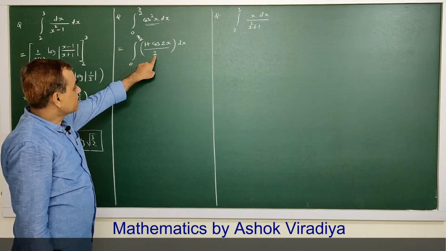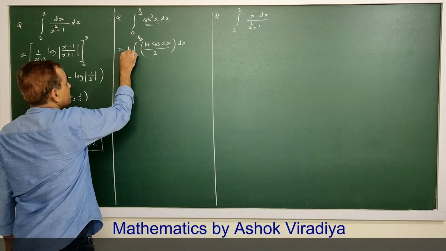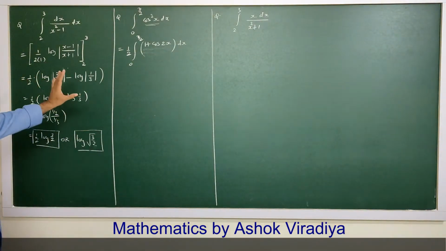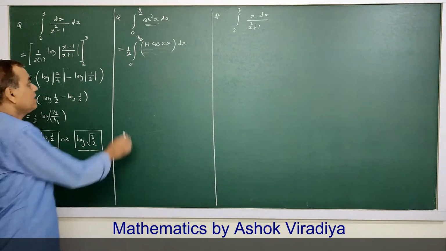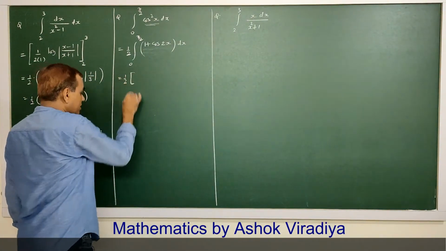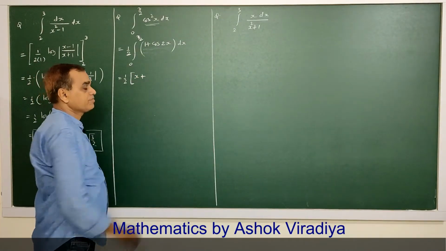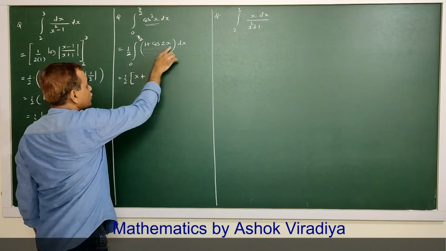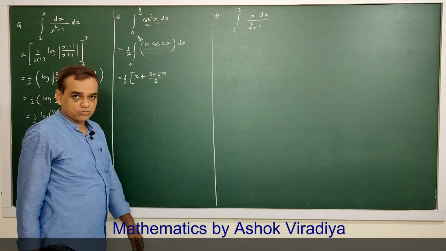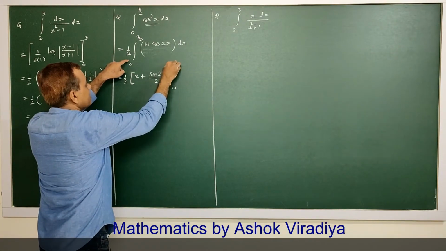Say this is a constant, we can keep it outside. So this 1 by 2, from the beginning we keep it outside. So simply you can put it as 1 by 2 times 1 plus cos 2x. Now 1 by 2 keep inside. In the box we put the integral. Integral of 1 is x. Integral of cos 2x is sin 2x by 2. Close the bracket. Here lower limit, here upper limit.